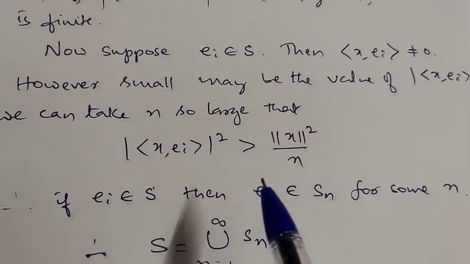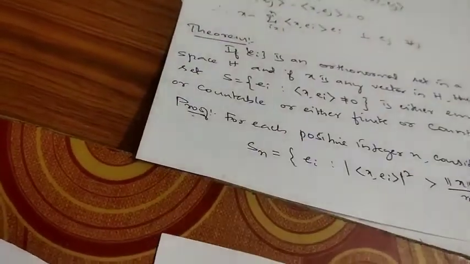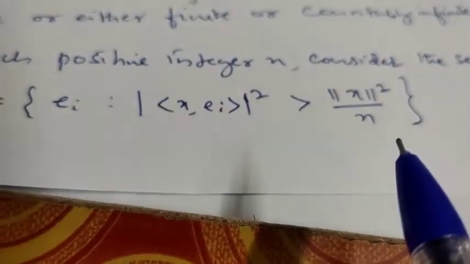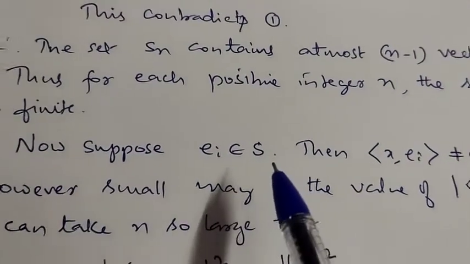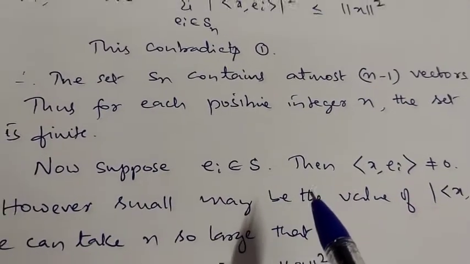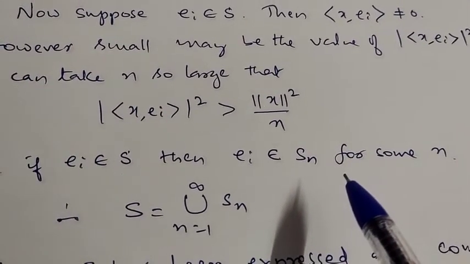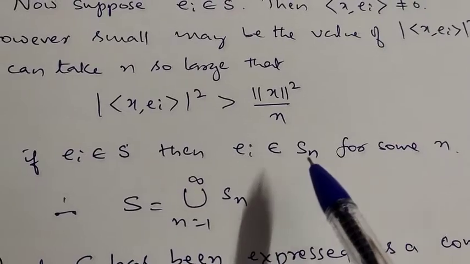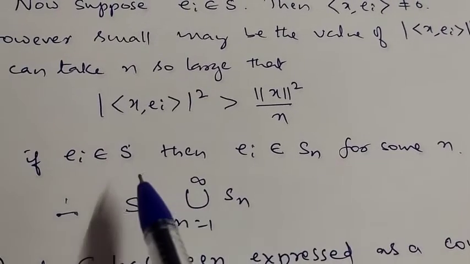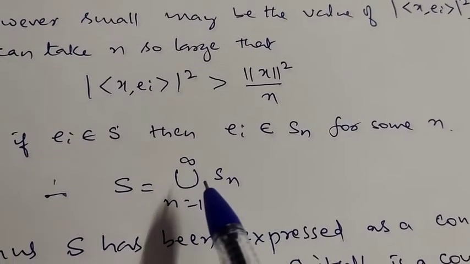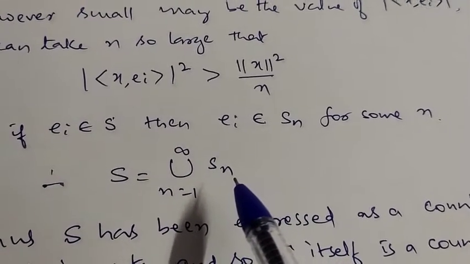Means, if S_n are the sets we constructed like this, the set of all e_i such that mod of inner product of x comma e_i whole square is greater than norm of x square by n, then if the vector e_i belongs to S, then e_i belongs to some S_n. This means the sets S_n cover S, that is, S is the union over n equal to 1 to infinity of S_n.